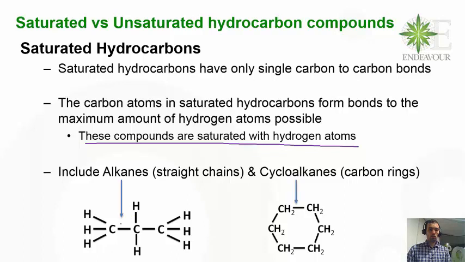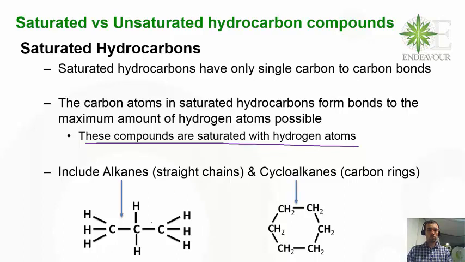Because the carbon atoms only connect to one other carbon atom, all the other bonding positions can be filled by hydrogen atoms. Notice here that the carbon is bonding to 3 and then 2 and then 3 hydrogens. Once the carbons have connected to each other, this is the maximum amount of hydrogens that can be bonded to, and that's why we say it's saturated with hydrogen.